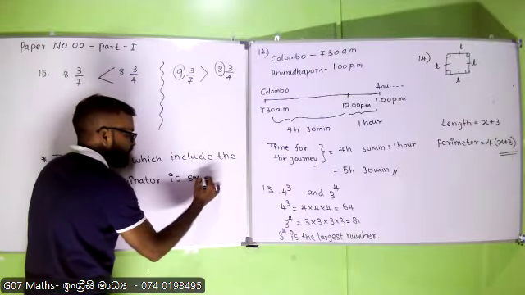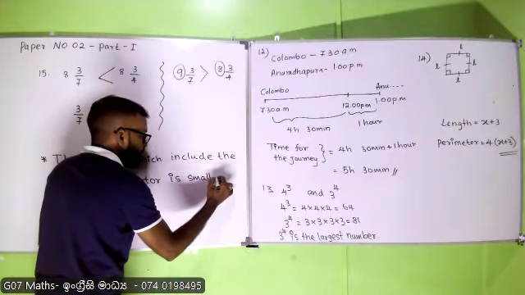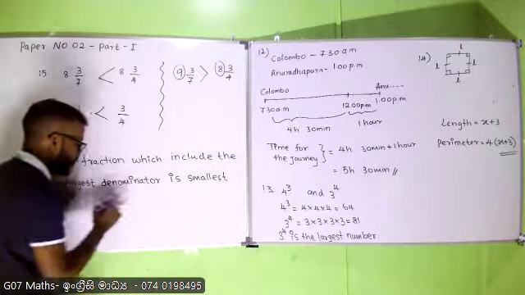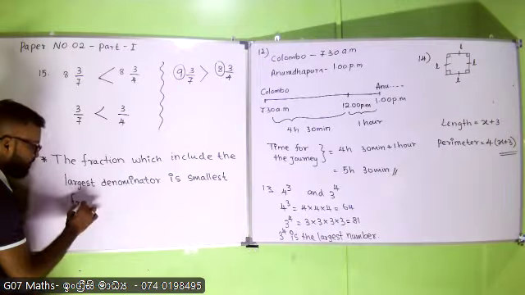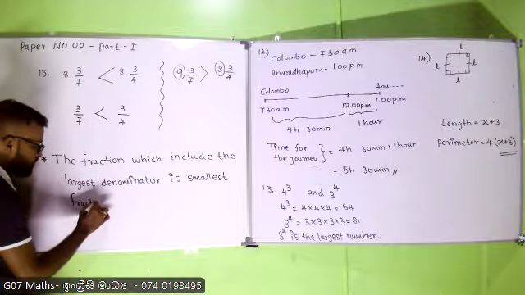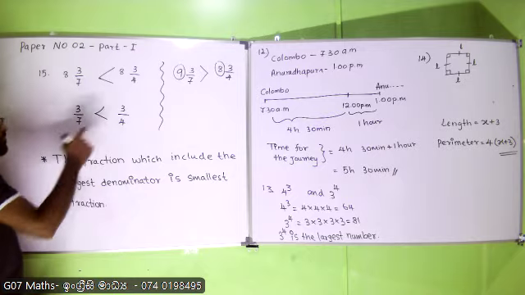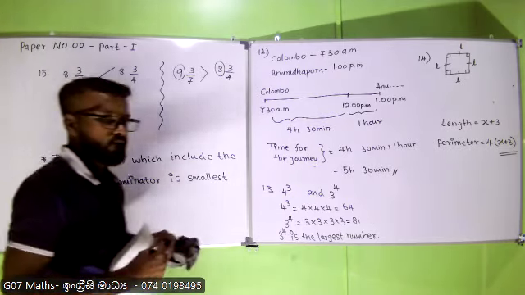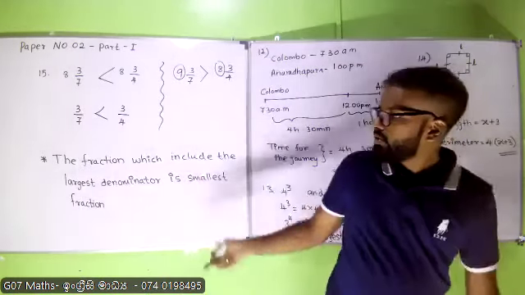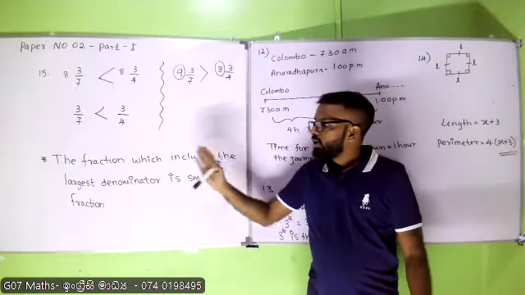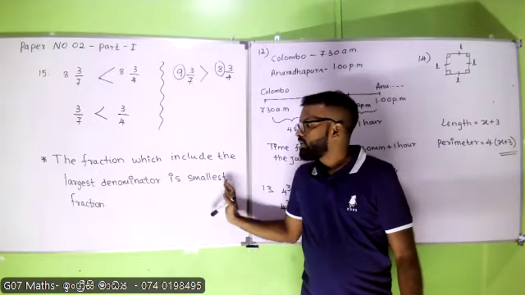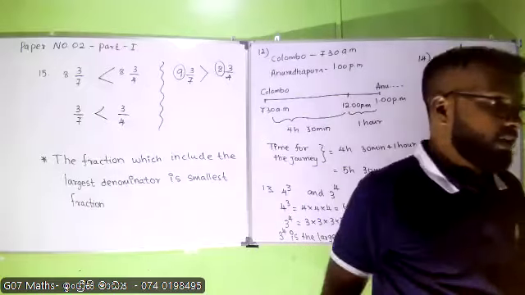Vice versa, the opposite thing. And the fraction which includes the smallest denominator is the largest fraction, the other thing. The vice versa thing.